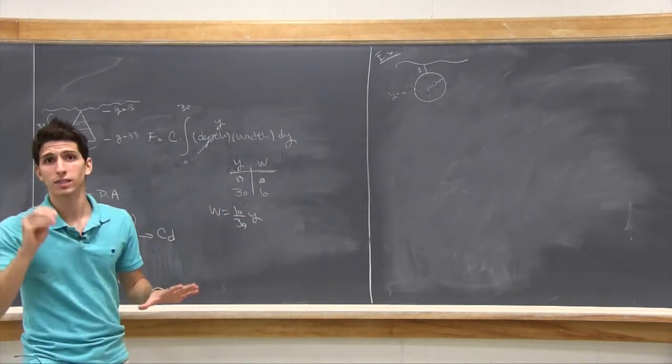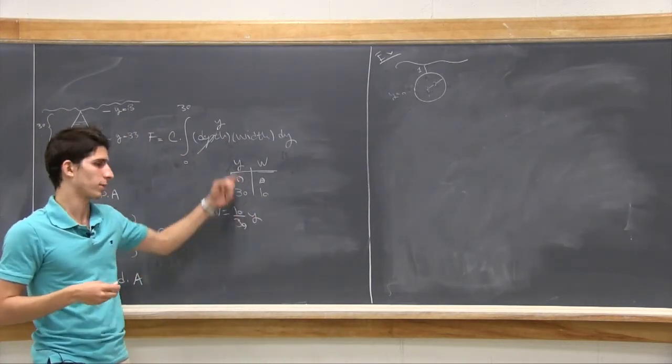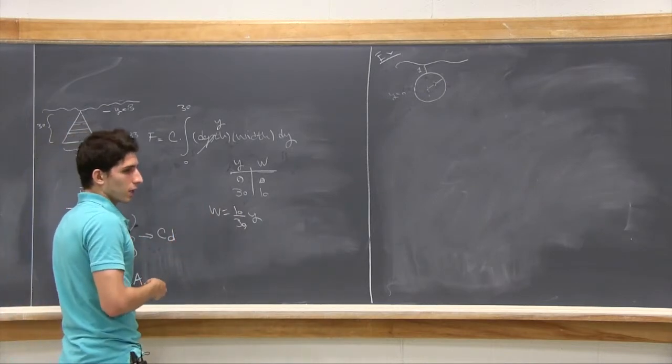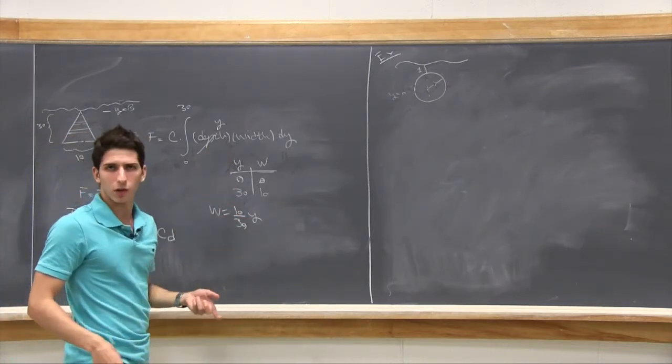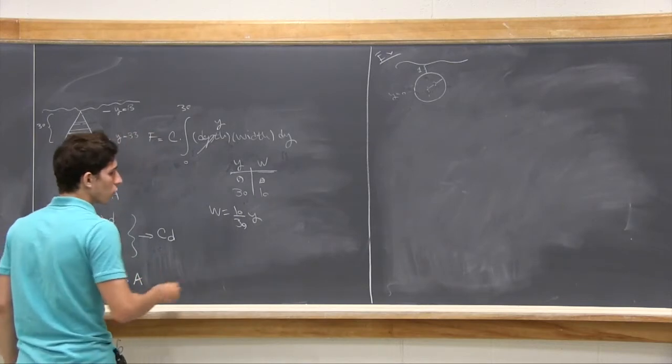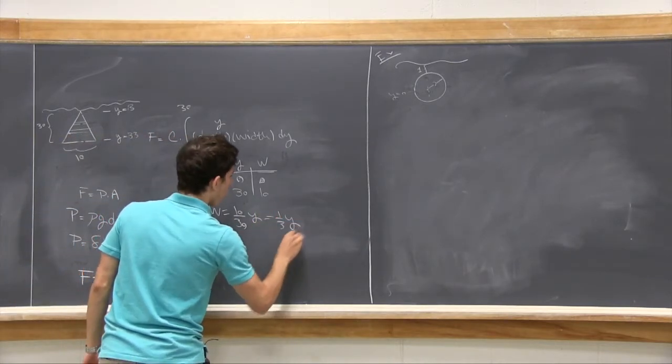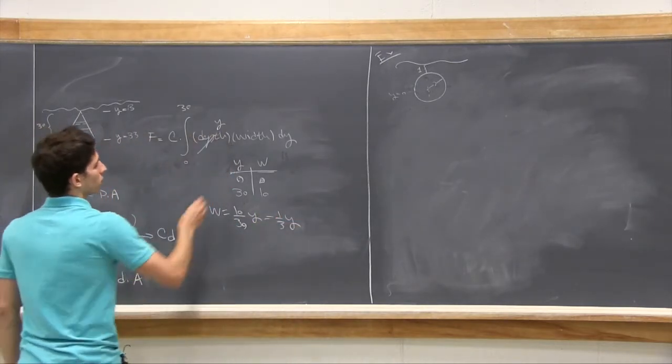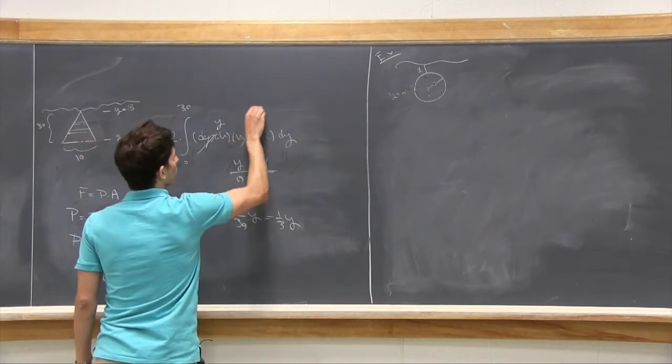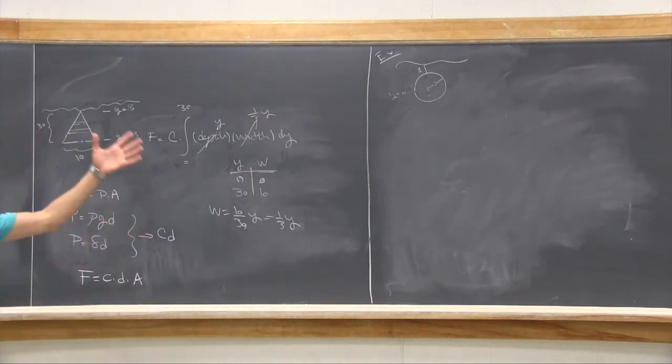It used to be mx, but now here's my y, because that's my independent variable. And then plus the y-intercept, but that's just 0. Okay? So it's just 1/3 y. So that's going to be my width. And that's a pretty easy integral to do.